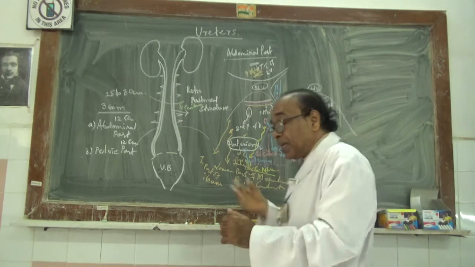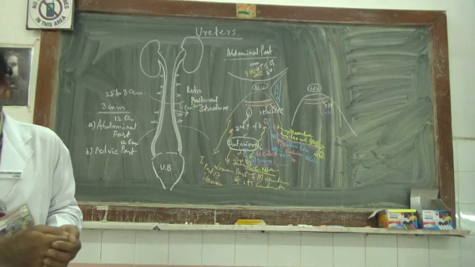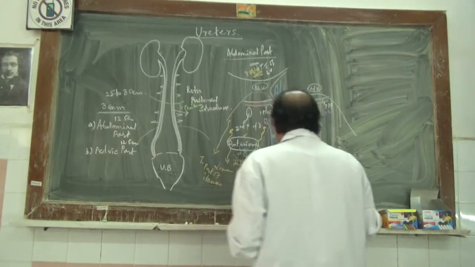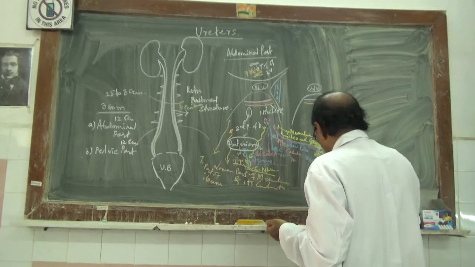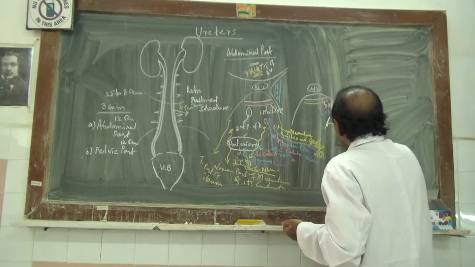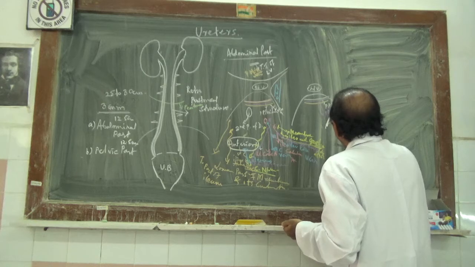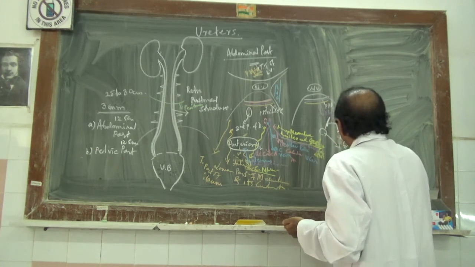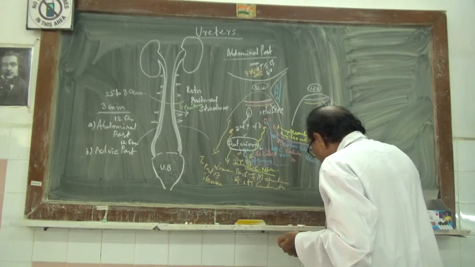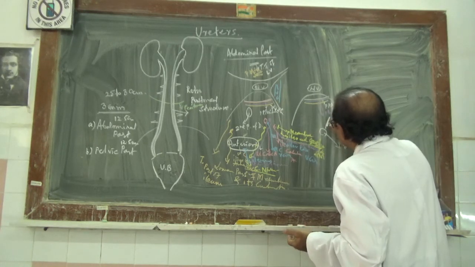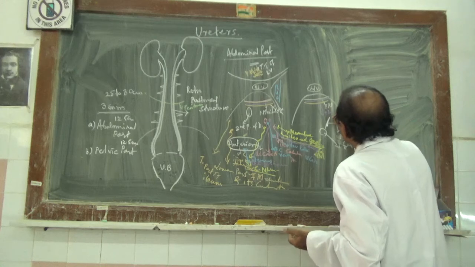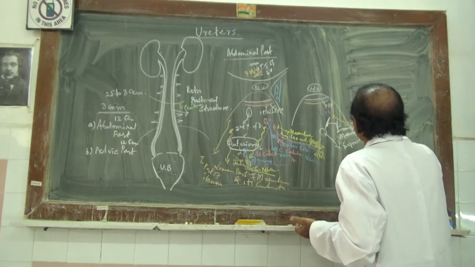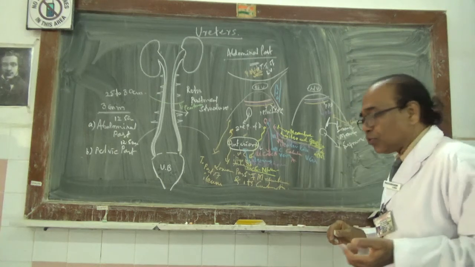Then you will have anteriorly the sigmoid mesocolon, then the sigmoid colon, and the content of the sigmoid mesocolon.